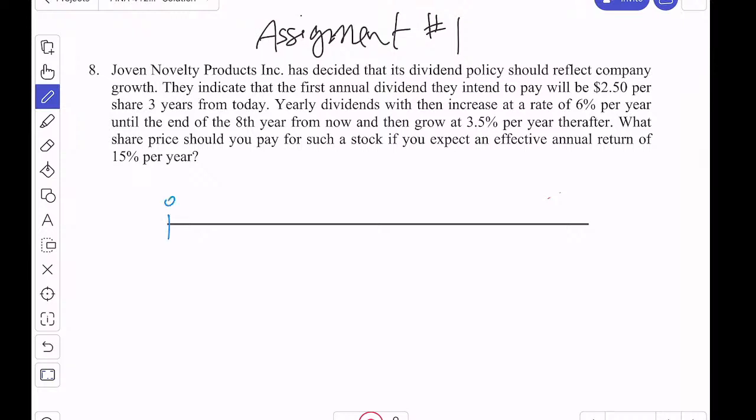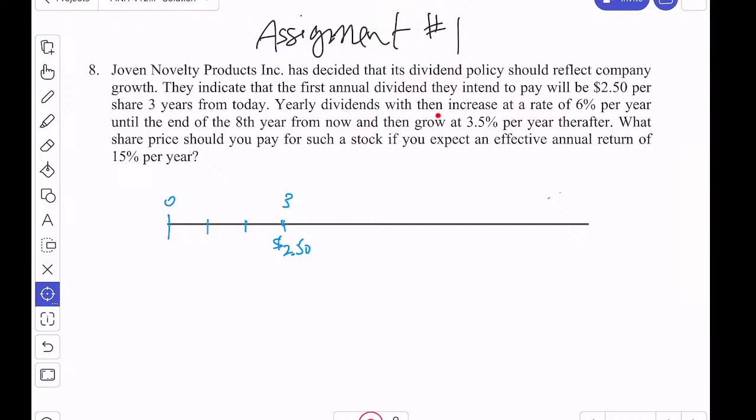So today is 0, 1, 2. So 3 years from today, $2.50. What am I doing? I don't know what I'm doing. This is 3. This is $2.50. I think I'm just tired today.